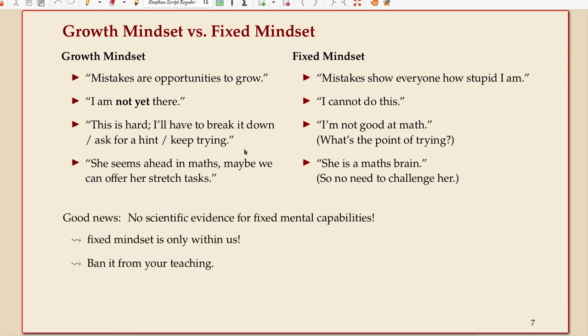And what I found very reassuring is there's really no scientific evidence I'm aware of that would support this fixed mindset mentality. It doesn't seem to be true that there's a very fixed limit that you can't get beyond. It clearly might mean that you need more time or more support, but we're not aware of very fixed barriers.